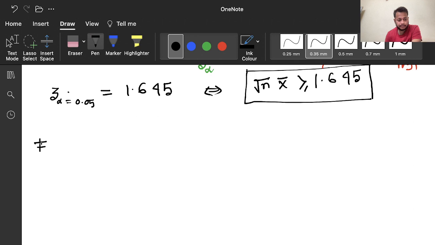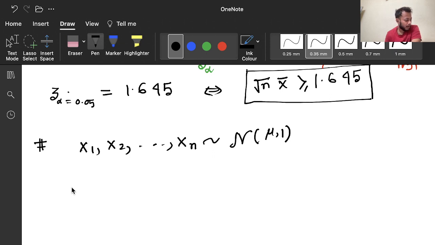Another example is, suppose that x1, x2, ..., xn follow a normal distribution with mean 0 and variance sigma square. Here I am going to hypothesize the standard deviation.